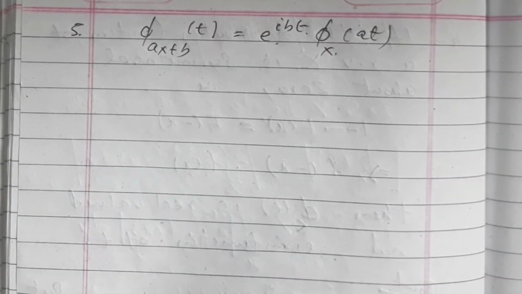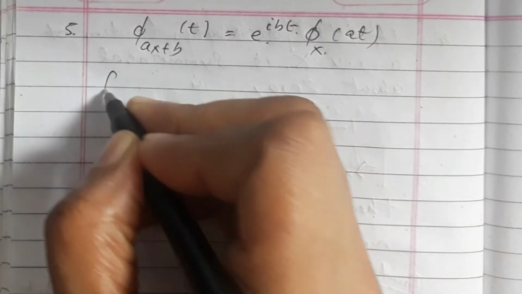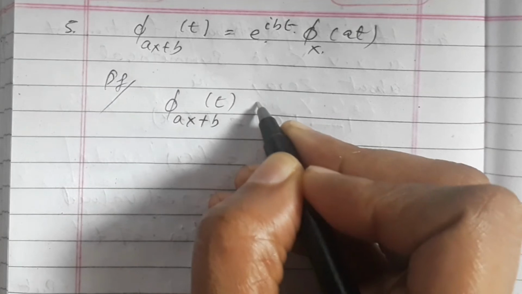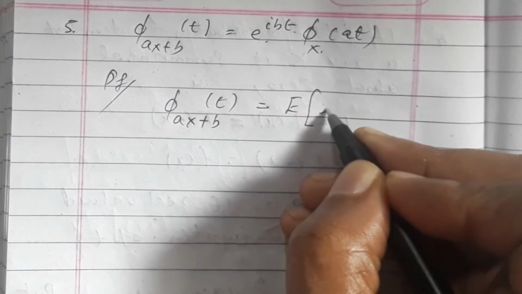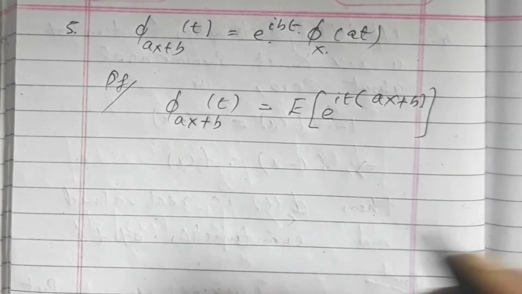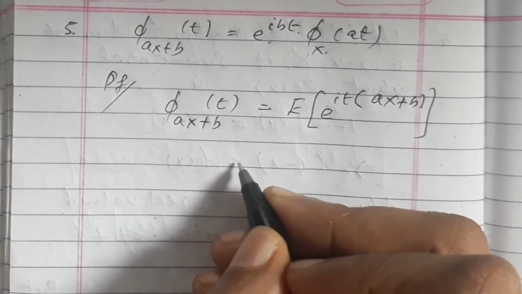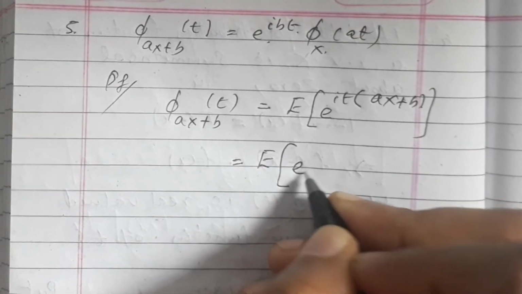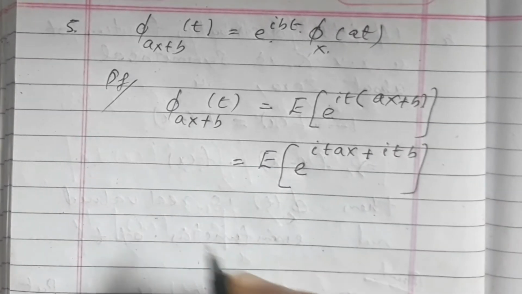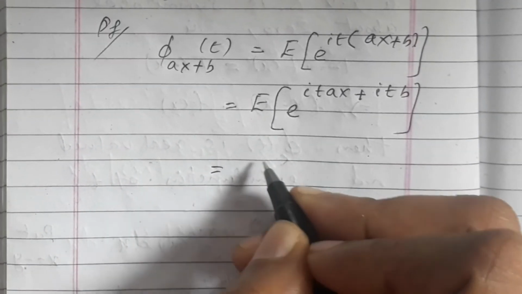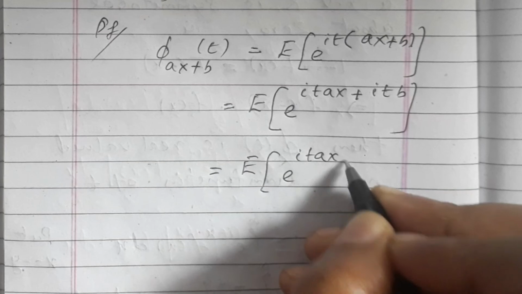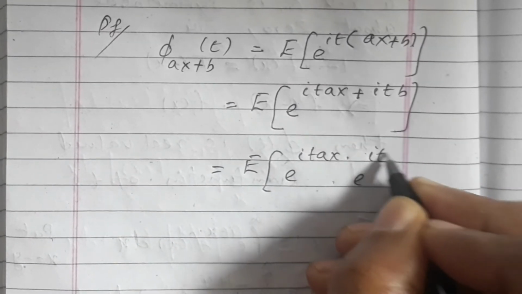Okay, how do we do it? Let us see. We did it earlier, so we can do it the same way. Proof: by definition, phi ax plus b of t is equal to expectation of e raised to it, where x is replaced by ax plus b, which is equal to expectation of e raised to it ax plus it b. Okay, so it is expectation of e raised to it ax into e raised to it b.